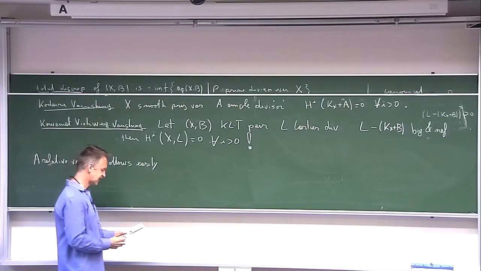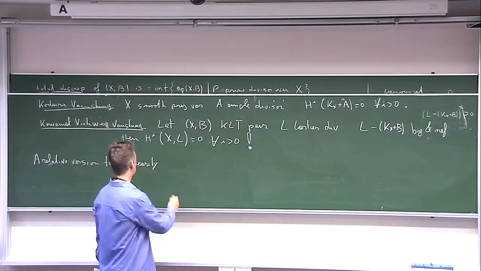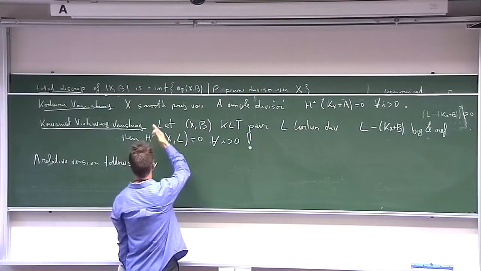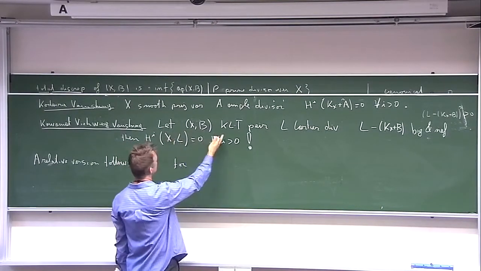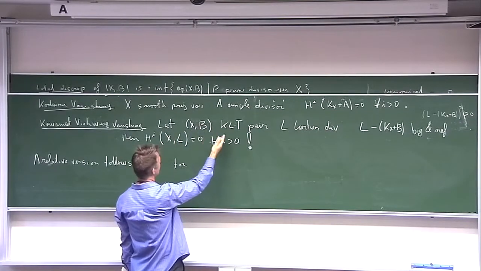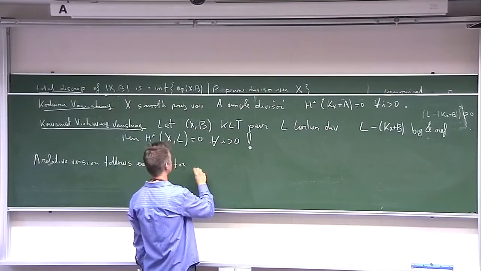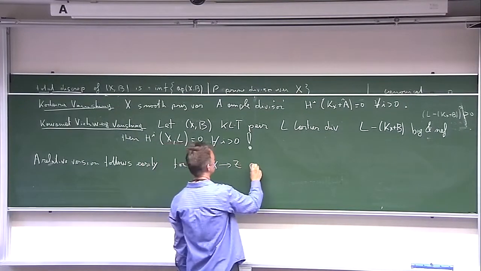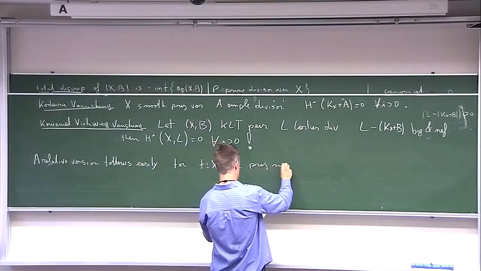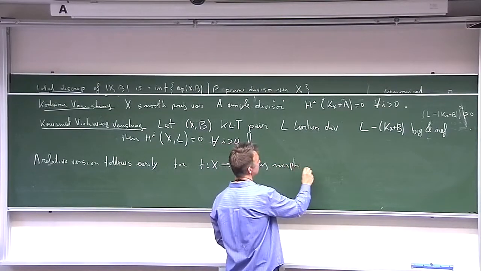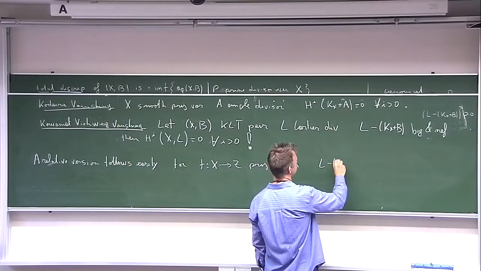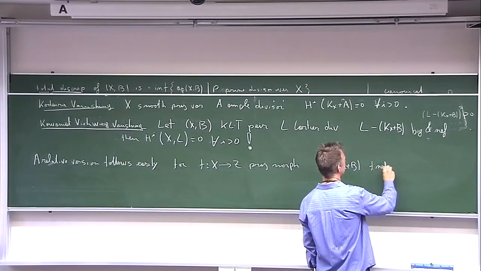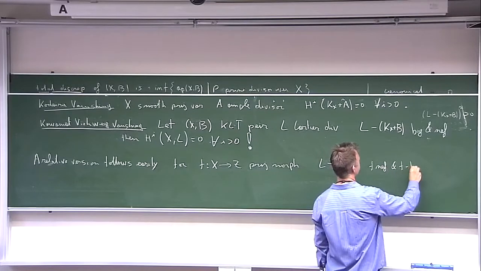So in the relative setting, what will you need? Instead of a smooth projective variety, a projective KLT pair, I should have said that it's projective. So you need to have f from X to Z, say a projective morphism. And you will assume that L minus (K_X plus B) is f-nef and f-big.